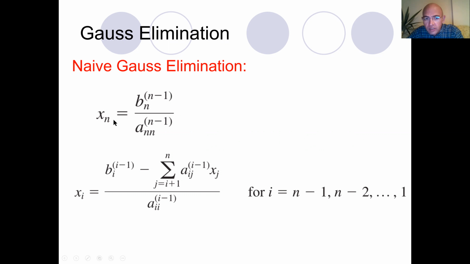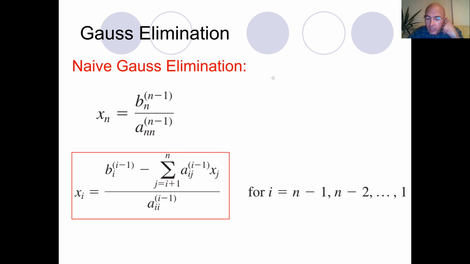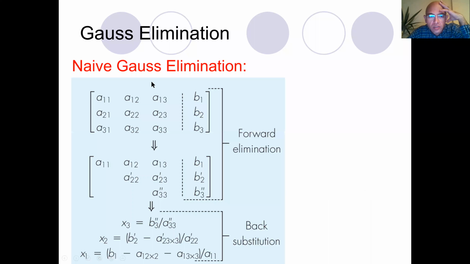Of course, you can easily find the xn value, and the rest of the unknowns can be easily found by using this expression in the back substitution step. And look how many operations you make. You make n minus 1 operations here in the back substitution, whereas you again make n minus 1 operations in the forward elimination. Okay, so this is basically what the Gauss elimination is.